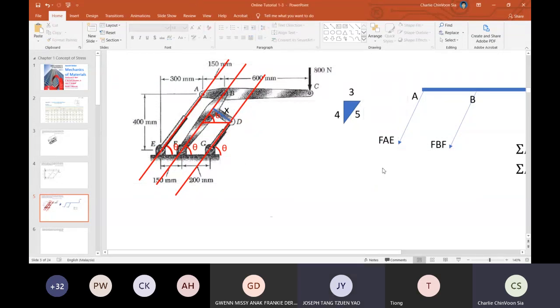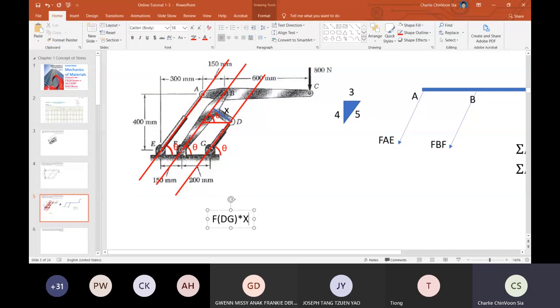From that, we use sum of the moment at F equals 0. So F DG multiplied with the x value will be one of the moment components for the sum of the moment at F equals 0.